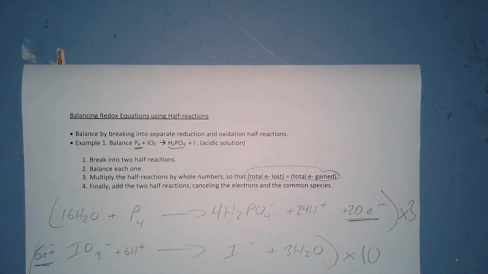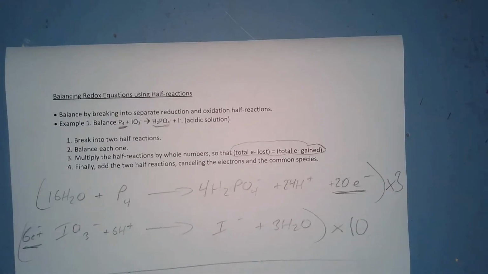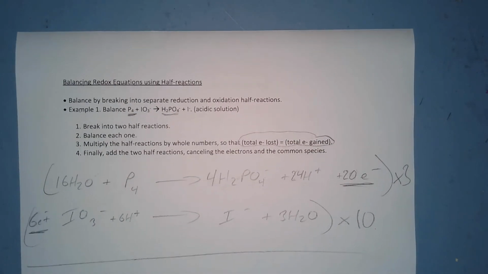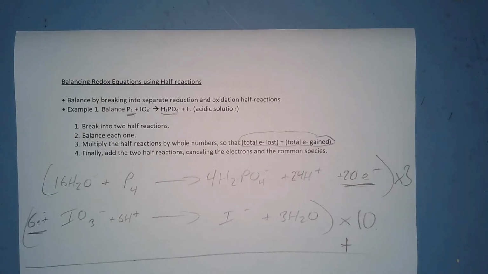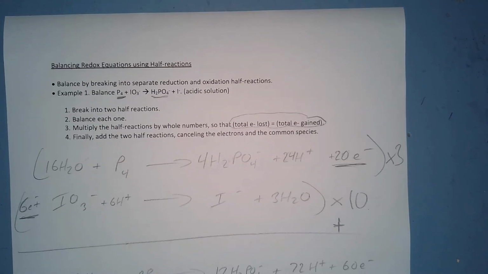We multiply those, and then we add them. After we add them, just like any other math equation, if we have the same things on both sides, we can start canceling things out.